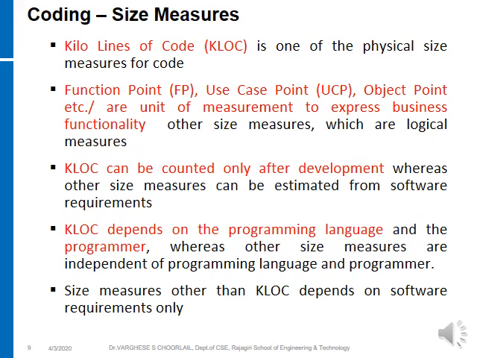Another sizing measure is function point, FP. Another is use case point, UCP, and another is object point. Function point, use case point, and object point are units of measurement that express the business functionality, and they are logical measures used to measure the size.